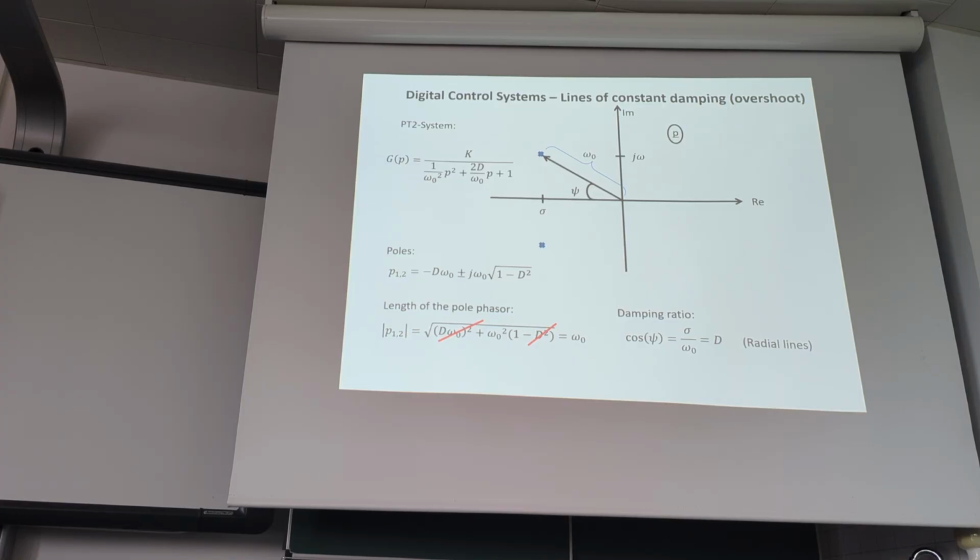So if we have a look at the conjugated complex pole pair in the complex domain, here we see one example. Then sigma is the real part, and j omega the imaginary part.